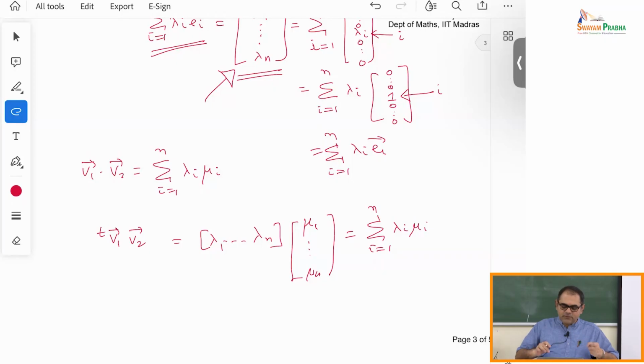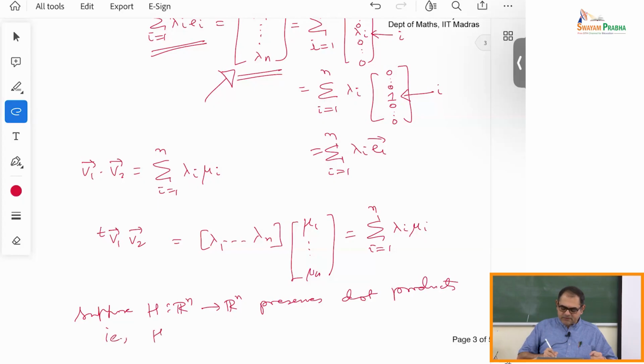Now suppose H from Rn to Rn preserves dot products. That means H of v1 dot H of v2 is equal to v1 dot v2. Suppose this is true.